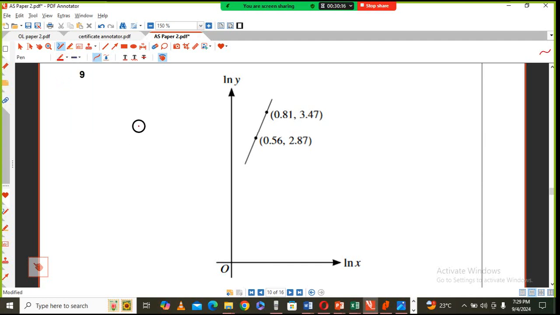Question 9, I'm interested in what is the first thing? You have got the natural log of y against the natural log of x. If this line was to continue, where the line cuts, what will the value of that place be?